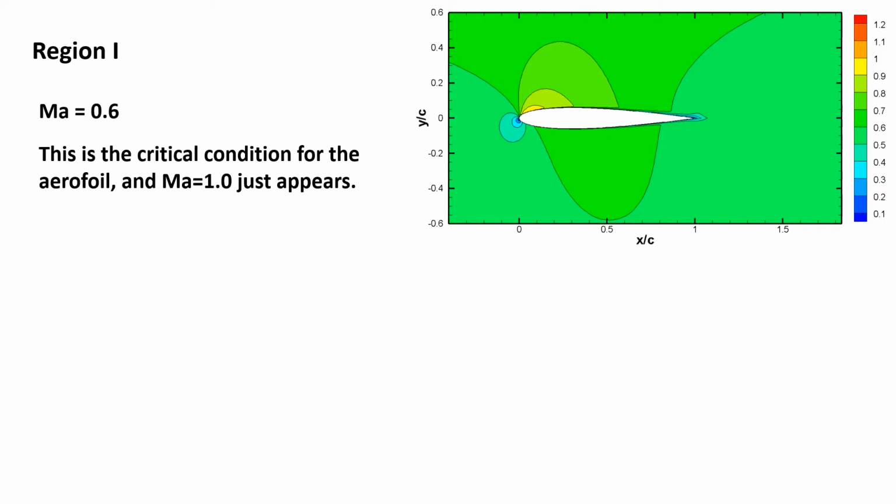Then we increase to 0.6, and we notice that maybe 1 or 2 grid cells, a tiny region, have Mach number 1.0. So we can determine this is the critical Mach number. If we increase further, we will see the bubble, the finite region containing Mach number larger than 1, increase. This confirms that the critical Mach number is 0.6 in this case.